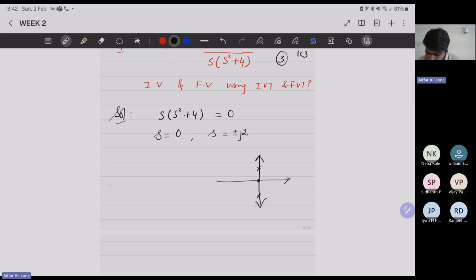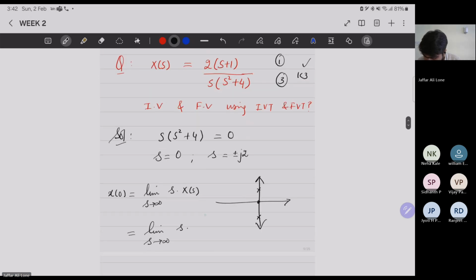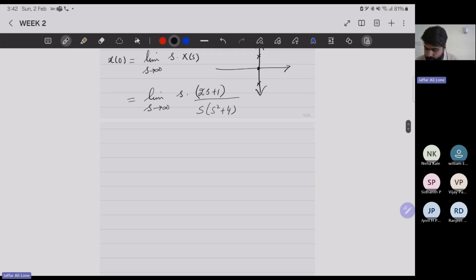So how can we find the initial value? X of 0 is equal to limit s tends to infinity of s into X of s, which is limit s tends to infinity of s into (2s plus 1) divided by s into s square plus 4. This s and this s could get cancelled, but let's not cancel it because that will make the system complicated.